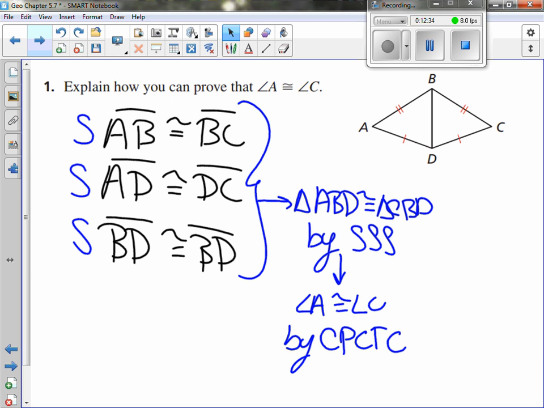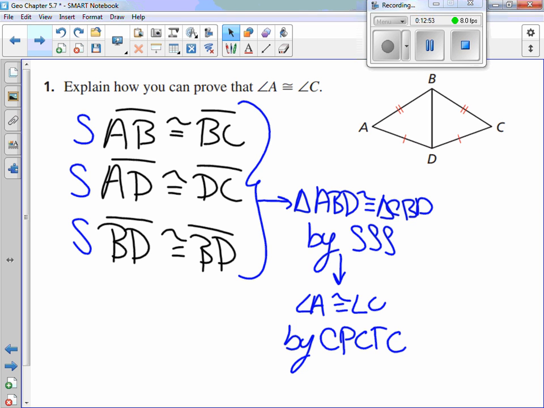Questions on this here? Questions on any of this so far? Are we good with this? So we really need to be able to say that the two triangles are congruent.